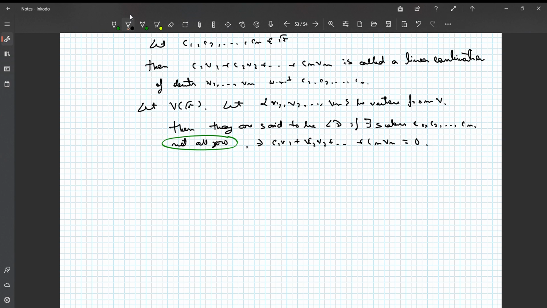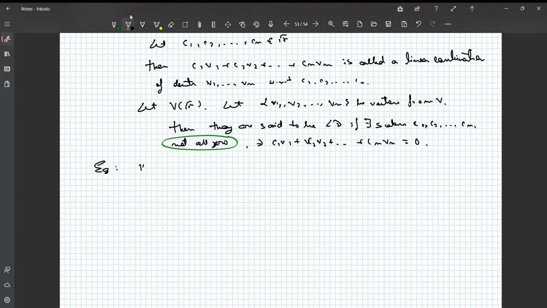So basically, some n number of vectors, distinct vectors obviously because we are considering sets, right? So n distinct vectors are said to be linearly dependent if there exist scalars, not all zero, such that a linear combination of those vectors with respect to those scalars equals 0.